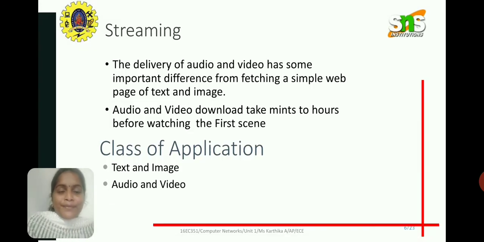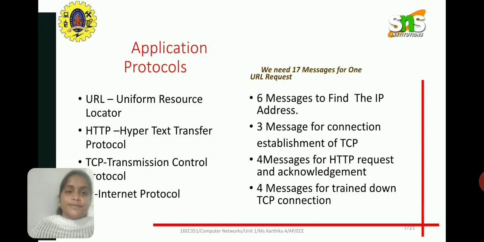In the class of applications we have two types: first, only text and image, and also those with both audio and video. How do we send or receive the data? Are there any rules and regulations followed in computer networks?